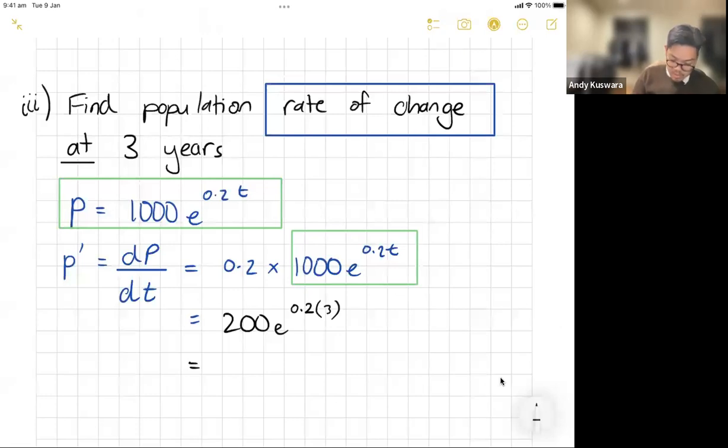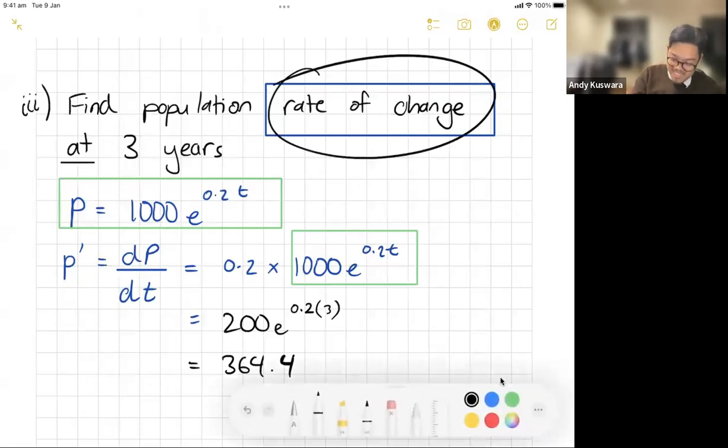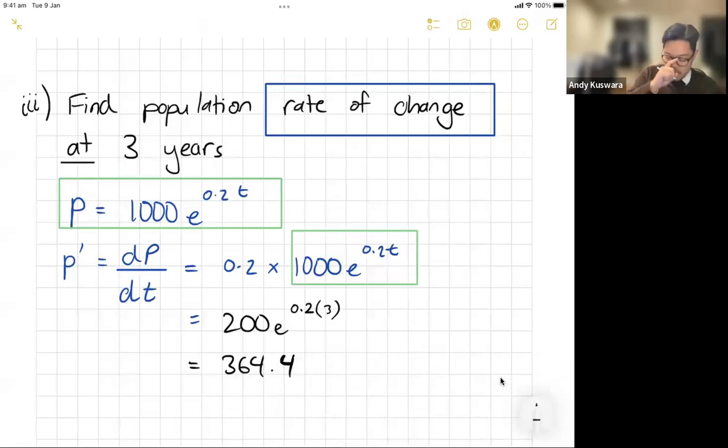That becomes e to the 0.6, and what I've ended up with is 364.4. Now remember, this is a rate of change, which means it's whatever many people per t, which is time, so per year. Because we're talking about people, rounding to the nearest person, I'll say 364 people per year.